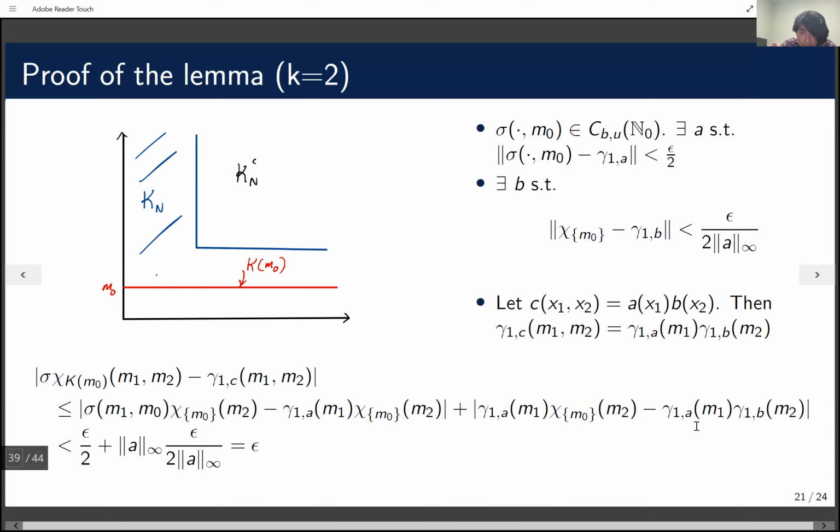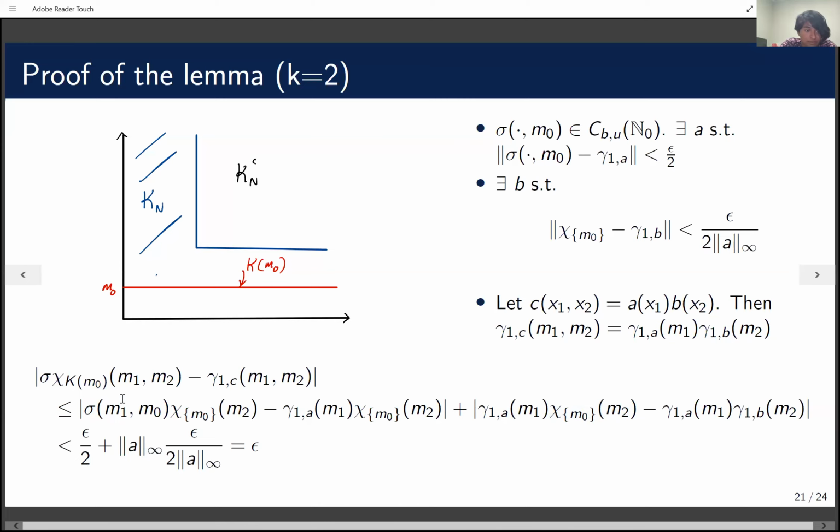And here, this is a common factor which is bounded by the subnorm of the symbol. And we have chi m naught m2 minus gamma 1b m2, which is less than the subnorm, which is less than epsilon over 2 times the subnorm of a.